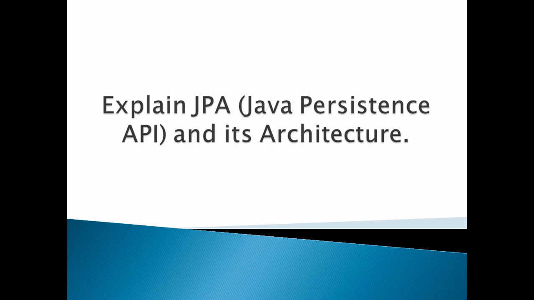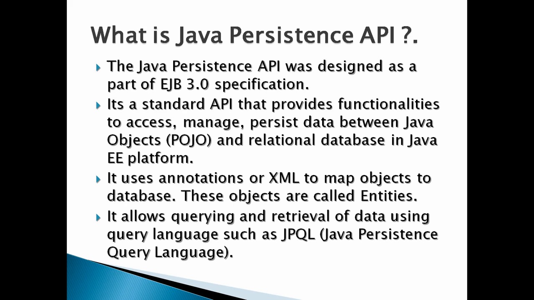Let's move ahead. Today, we will discuss the most frequently asked JPA, Hibernate interview question: explain JPA, Java Persistence API, and its architecture. Friends, let's discuss what is Java Persistence API. The Java Persistence API was designed as a part of the EJB 3.0 specification.